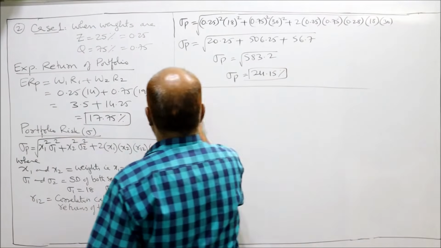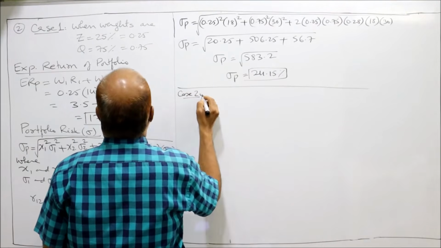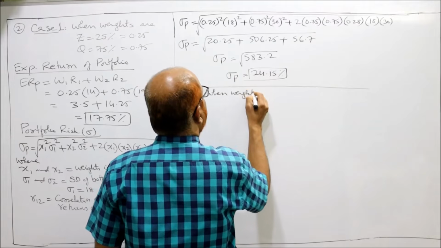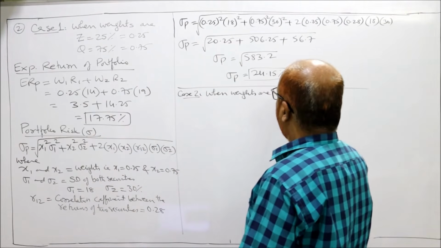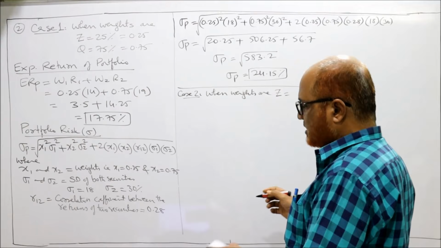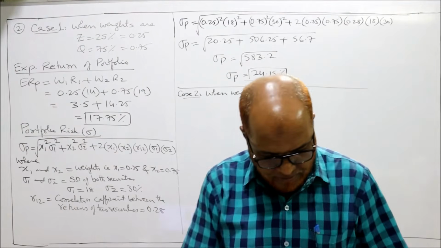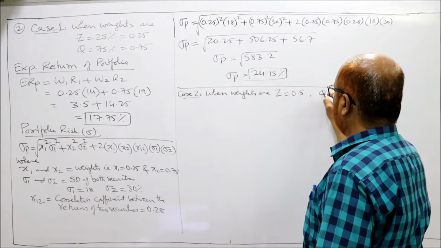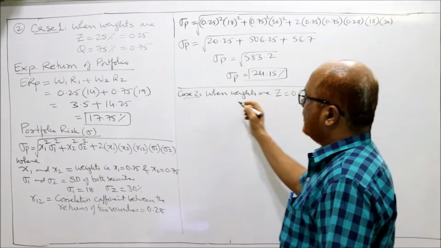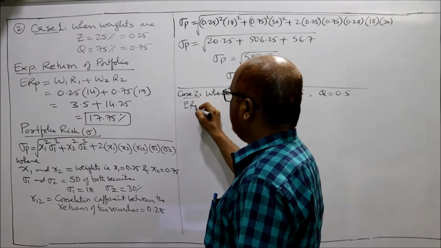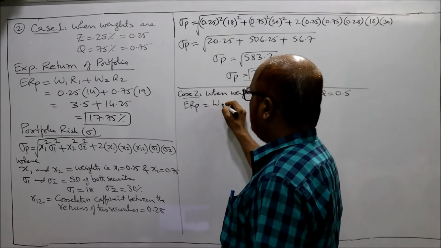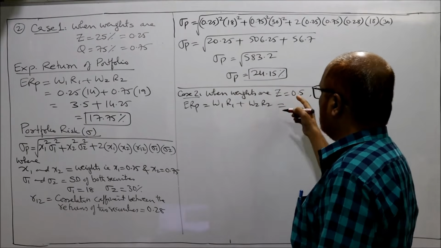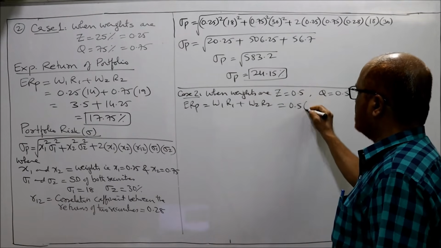Now second case, case 2. When the weights are, how much is the weight of Z? 50-50, I think. See the problem, it is given 50-50%. Z is equal to 0.5, Q is equal to 0.5. Now I am applying the formula ERP is equal to W1 R1 plus W2 R2. That is equal to W1, 0.5, into the return.